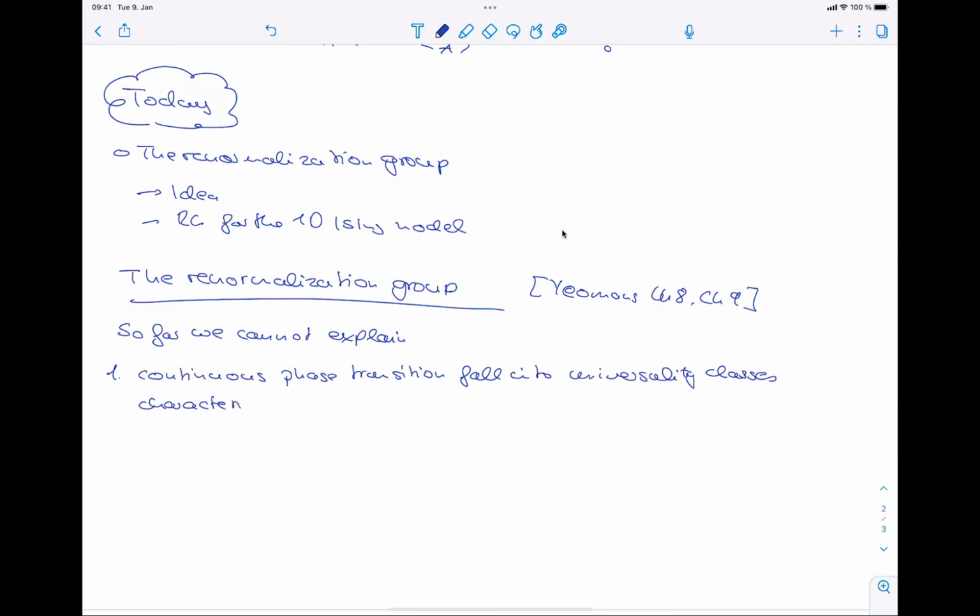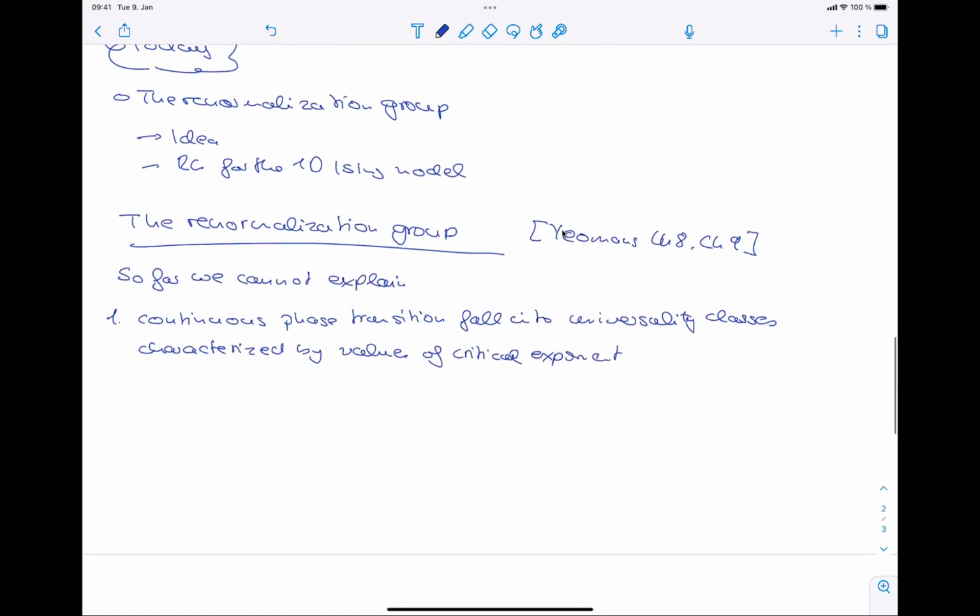It's characterized by critical exponents. So there's some underlying connection that we're missing so far.